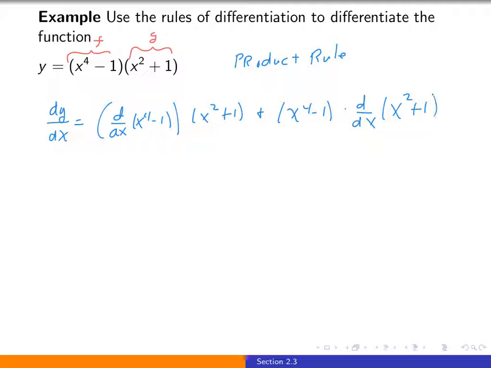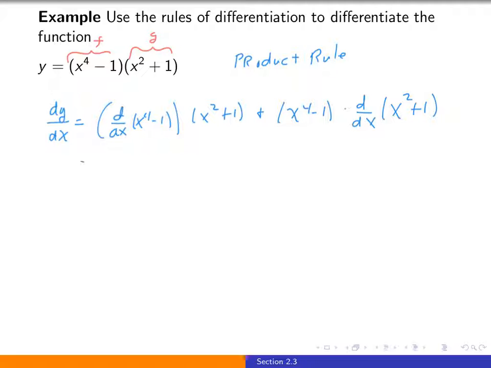What the product rule really does for us, and we can see it very clearly here, is it takes this maybe larger function and, instead of differentiating it all at once, breaks it down into simpler derivatives for us to evaluate.